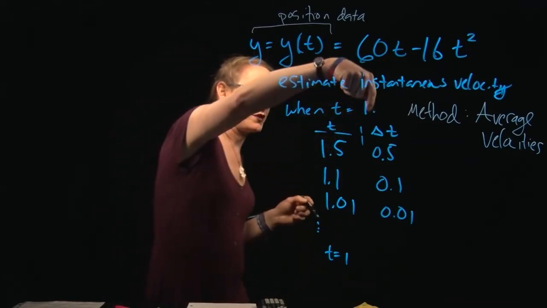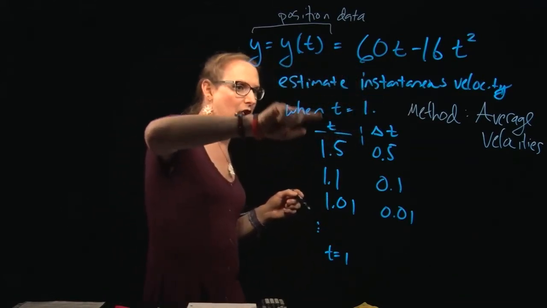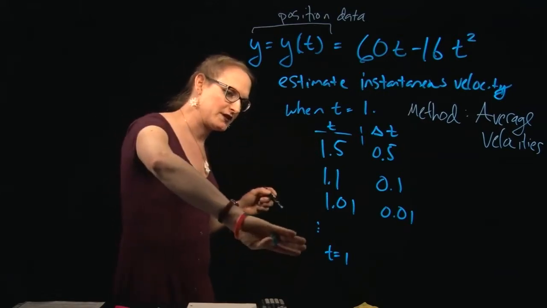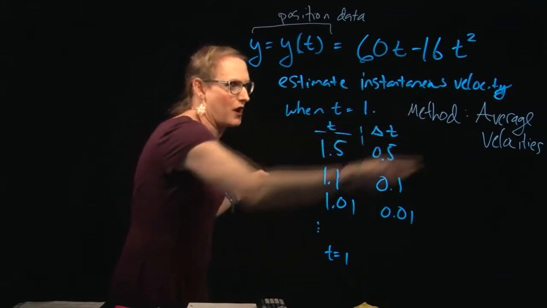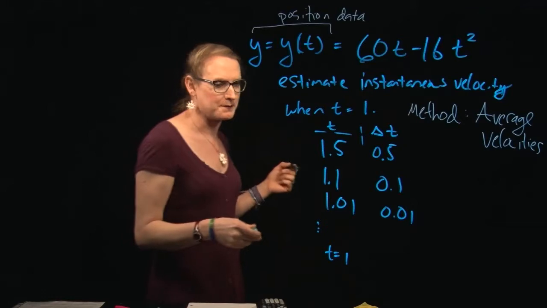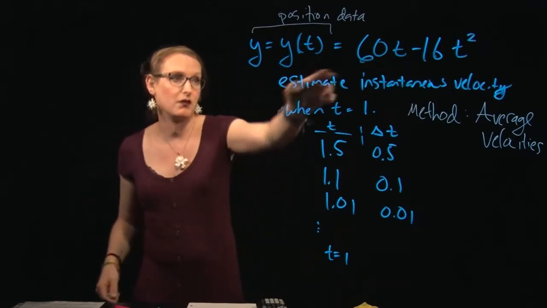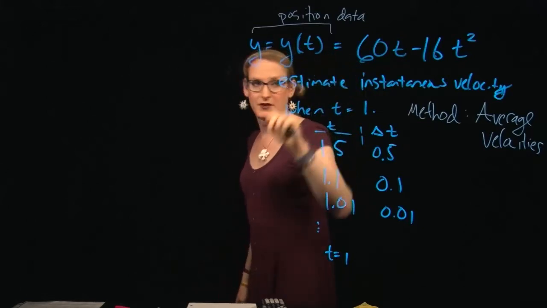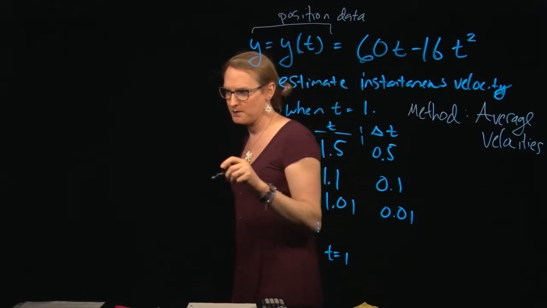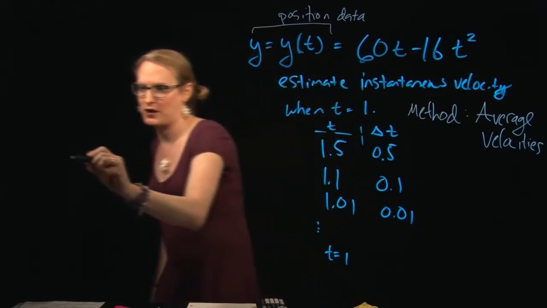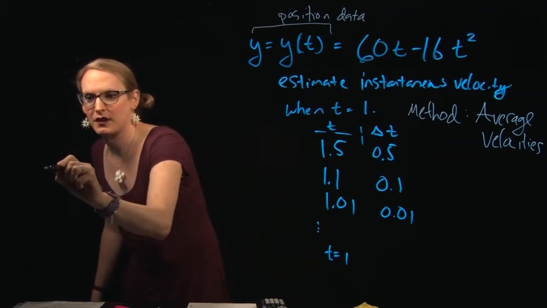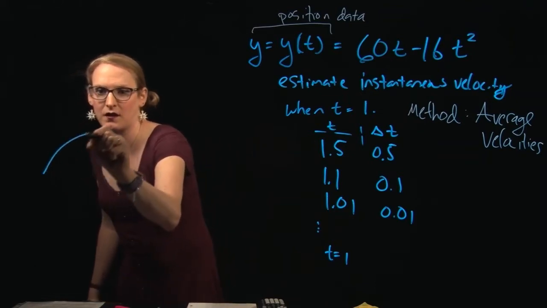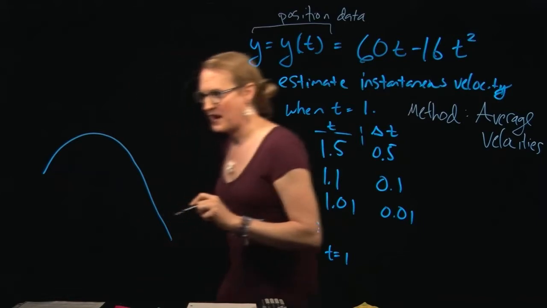Ultimately we want to compute the slopes of secant lines at these various points because slopes are average velocities. Slopes are velocities. So I'm going to draw a little picture for you, and you should follow along. Let's draw a picture of this curve, 60t minus 16t squared.